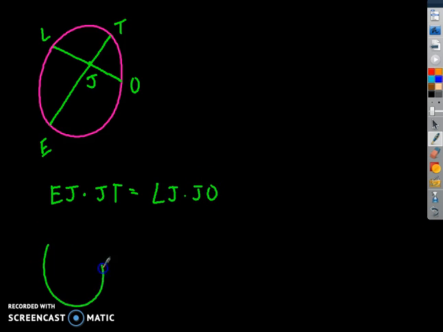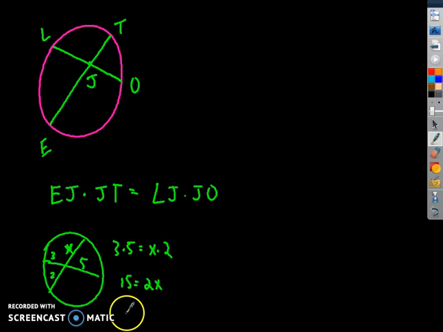It's pretty neat because if I had some circle and 2 chords intersected, let's say this piece was X, this piece was 2, this piece was 3, this piece was 5. Well, I know that 3 times 5 is equal to X times 2. So 15 equals 2X, and 7.5 equals X. So I can figure out what X is because I know those products are equal. Nice little theorem to know.